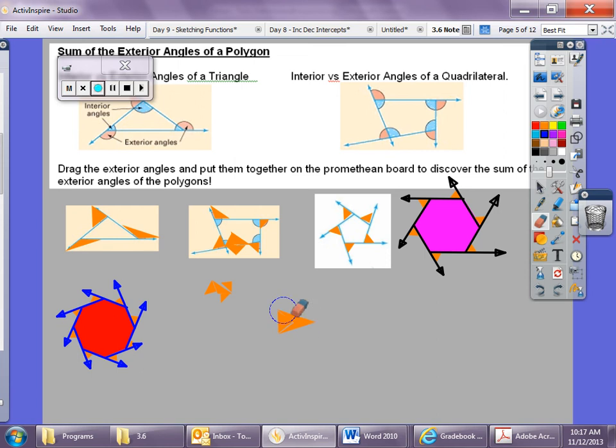It's a little hard to see with these. I know this looks like a triangle here. But when we bring all these angles together inside, it gives us 360 degrees with all of these shapes. So we're forming circles when we bring all of these angles together.